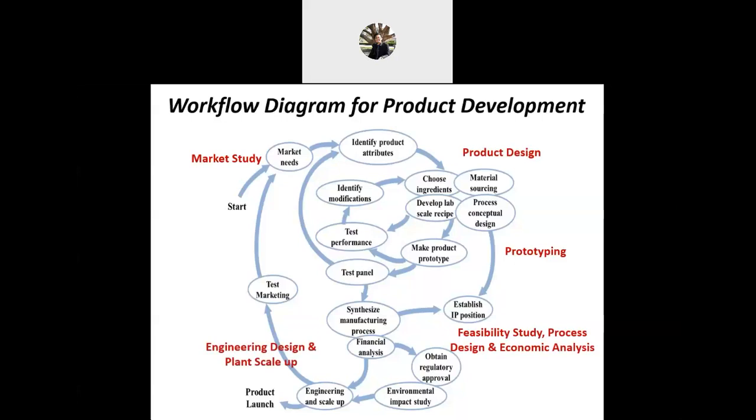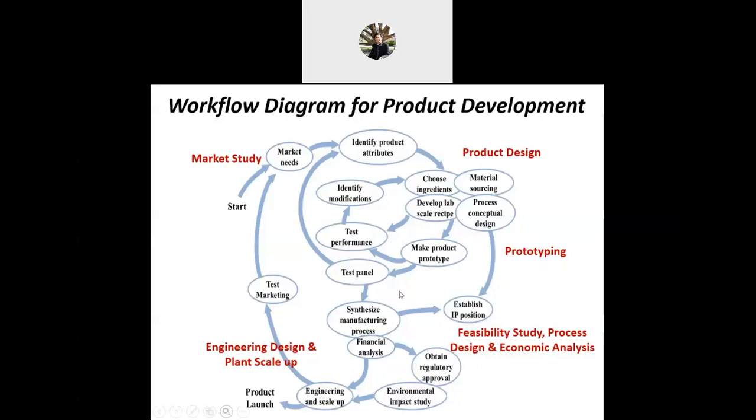And this is not only one direction, but an iterative process. For example, when there's an issue with the environment, when there is an issue that can affect the environment or humans, we have to return that product and modify the ingredients which are not good, so that it is not going to affect the environment.